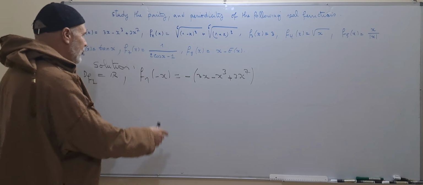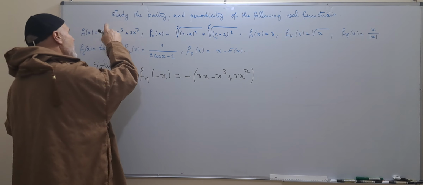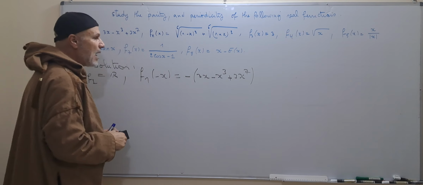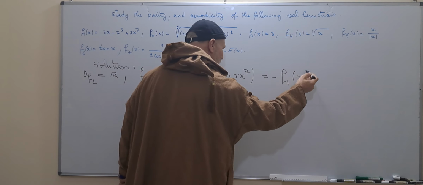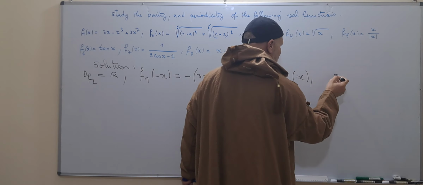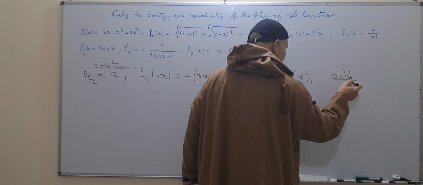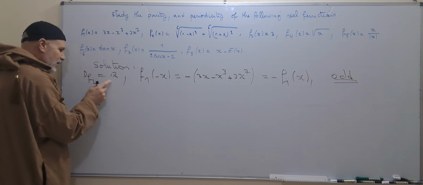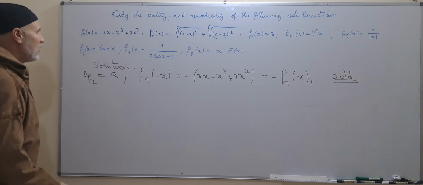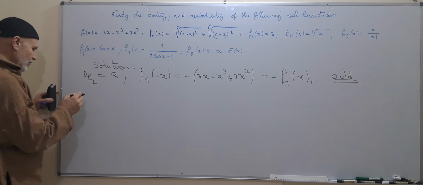We are able to do this because here the powers are odd, which is equal to minus f1 of x. This means that f1 is odd. It is odd because it verifies this equation and the symmetry of the domain of definition.